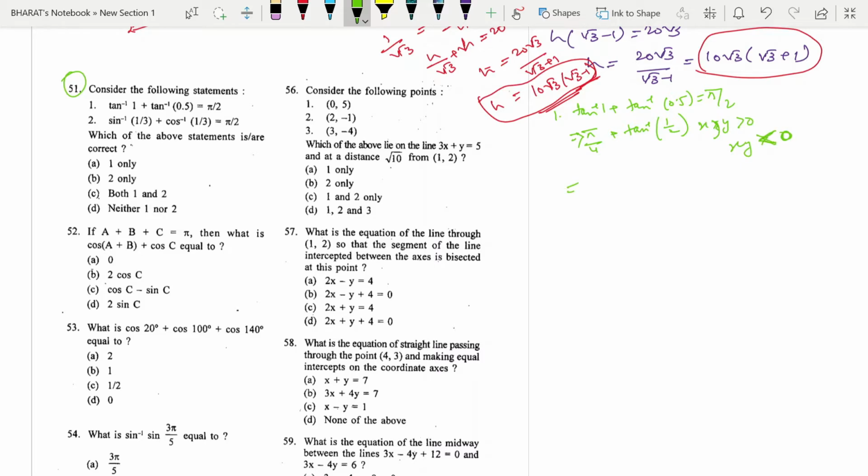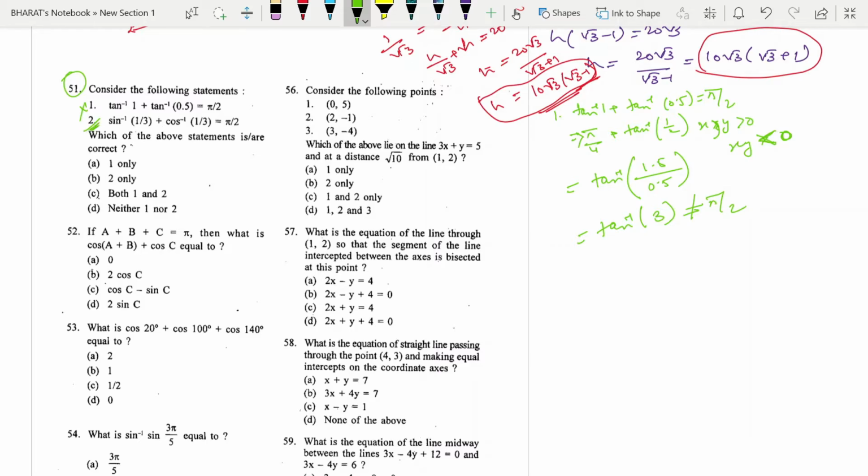So tan inverse x plus tan inverse y will be equal to tan inverse of x plus y, that is 1.5, upon 1 minus xy, that is 0.5, which will give us tan inverse 3. It will never be equal to pi by 2. So this one is wrong.